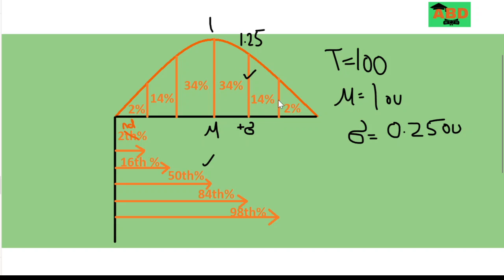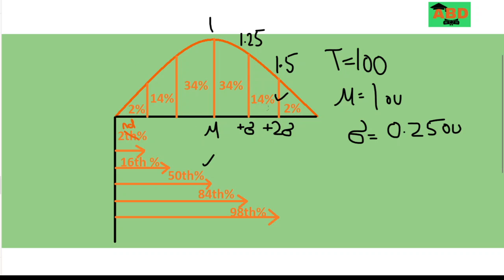Similarly, I can move to this line, which is 2 standard deviations above the mean. Same process, I add another 0.25, I get 1.5, and this percentage tells me that this area from this line to this line has 14% of the total, which have a weight of 1.25 to 1.5.